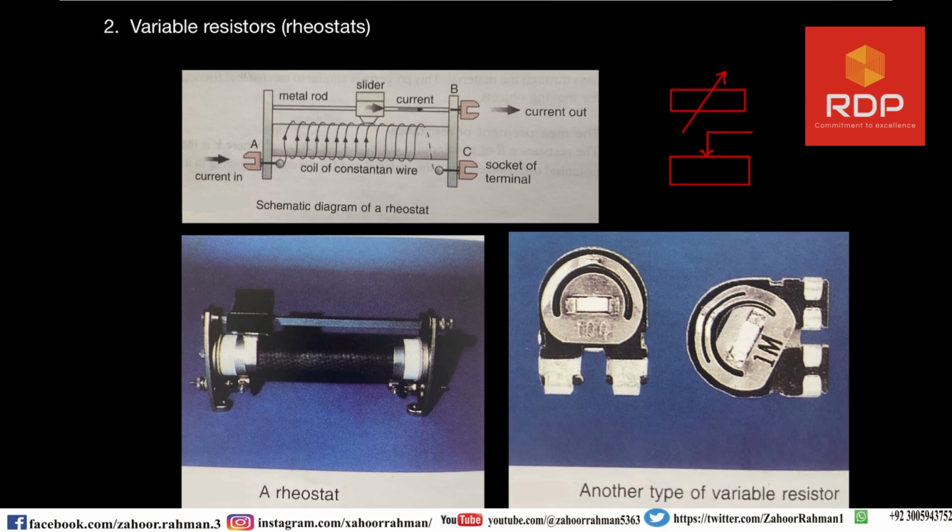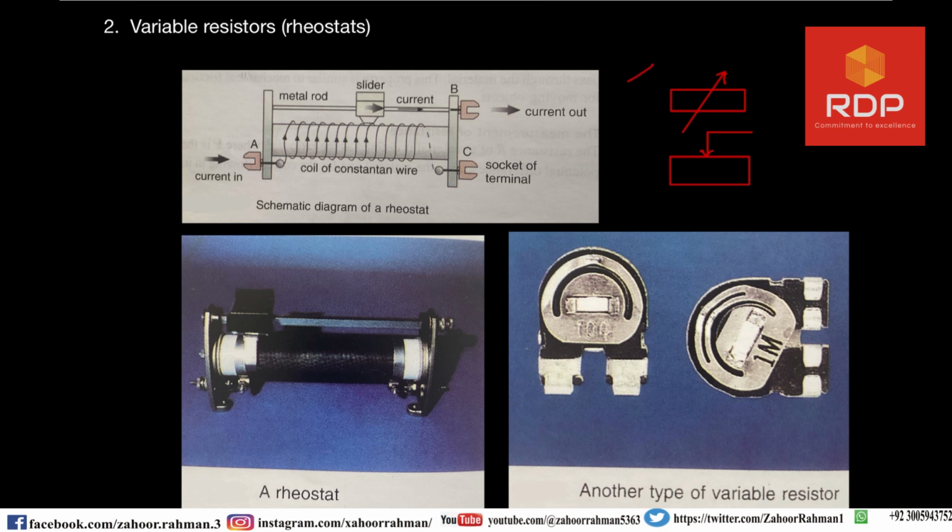The second type of resistor is the variable resistor. A variable resistor or rheostat is included in a circuit to vary the current flowing in it. The figure shows a rheostat commonly used in laboratories, while the other two figures are the original ones.